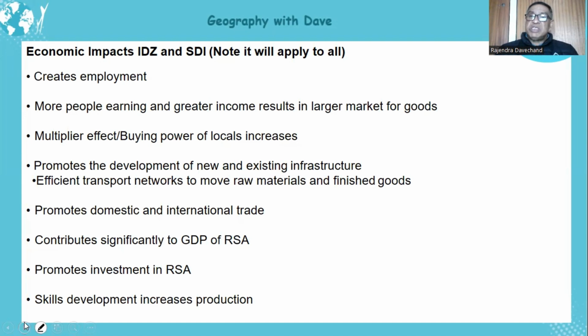Of course, it's obvious that as more industries come in and production increases, there'll be an opportunity for more employment, more jobs in the area. That's an economic factor. Remember, employment is economic and social. You have to put it in different contexts to make it economic and social.